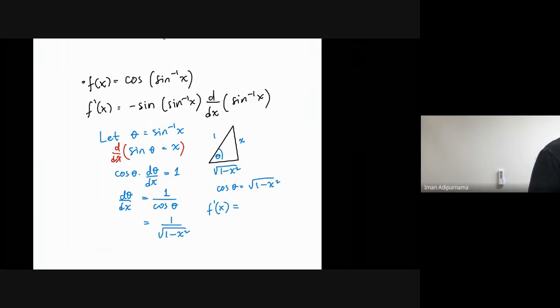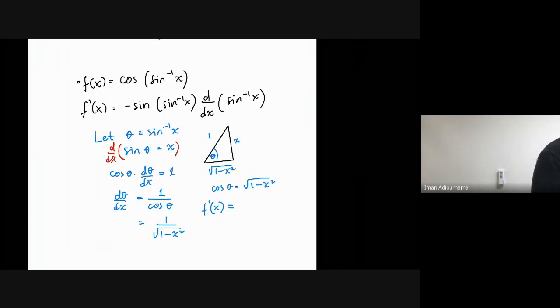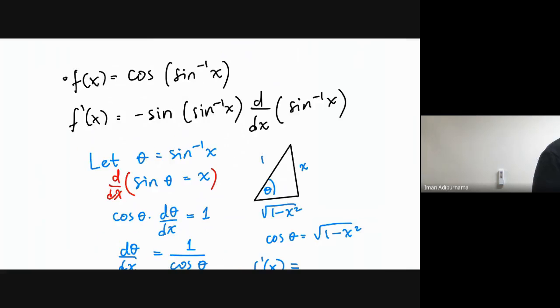So the answer will be minus sine inverse, it's just minus x, right? This whole thing is just minus x, right? Like if you have cos inverse x, it's x, right? Sine inverse is just x, right?